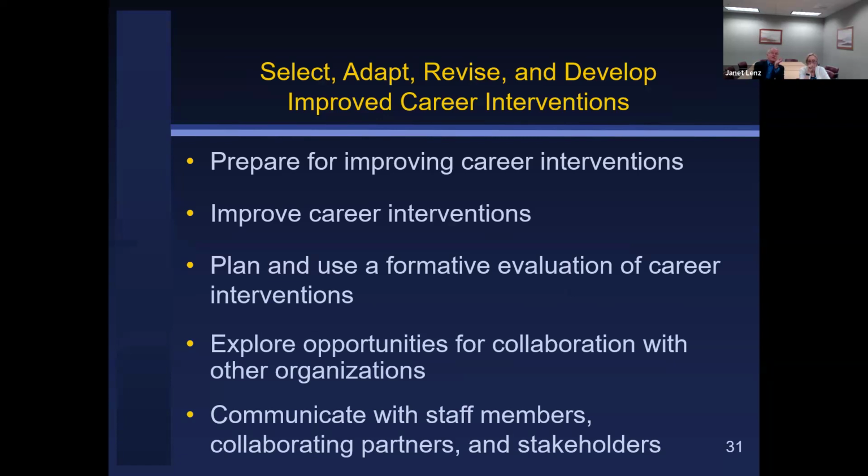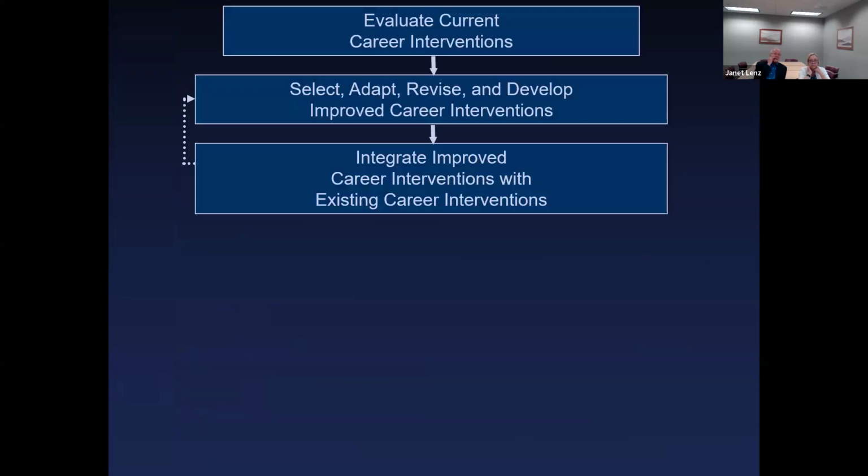And there's a preparation step. We do the actual improvement work. Now we bring in this formative evaluation that Janet talked about. But then we think about how can we collaborate with other organizations, like academic advising and so forth. And of course, the communication with everyone to keep everyone up to date so no one feels left out of the process.